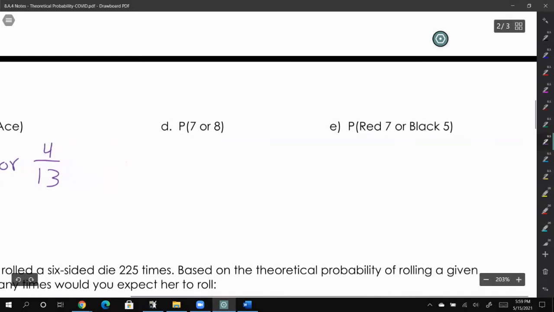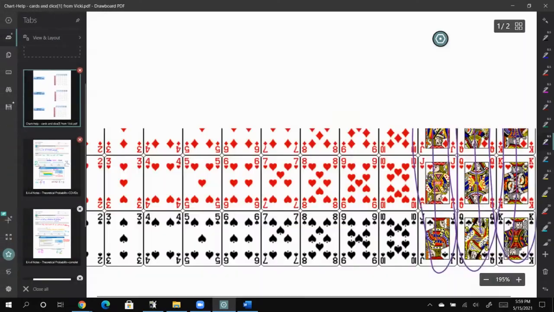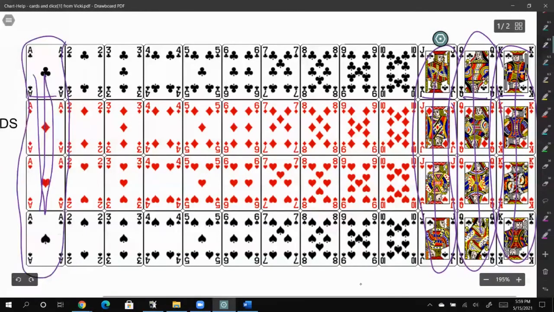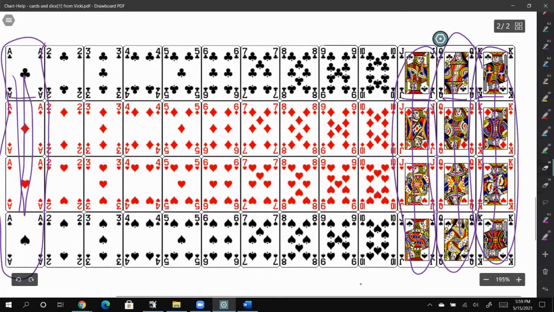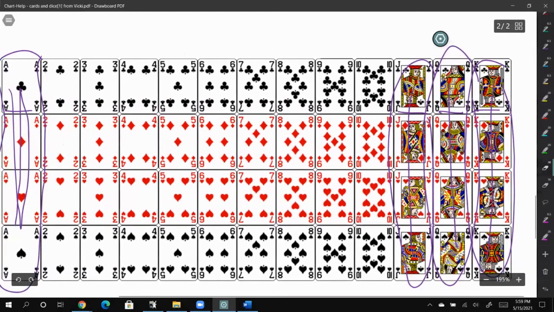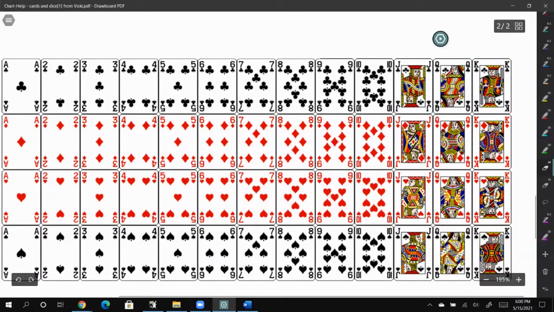Now, letter D, it says a probability of 7 or 8. So let's go back. Erase all this. And we want the probability of a 7 or 8.